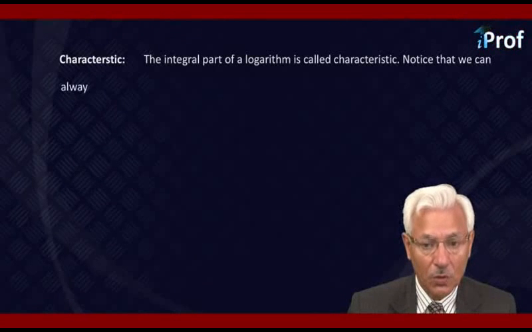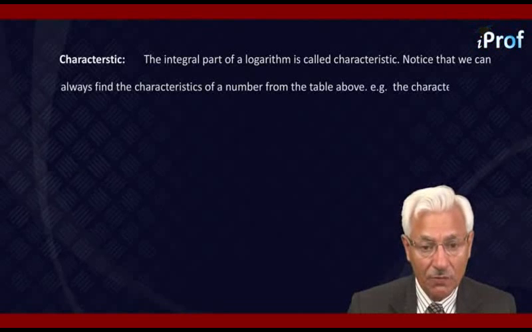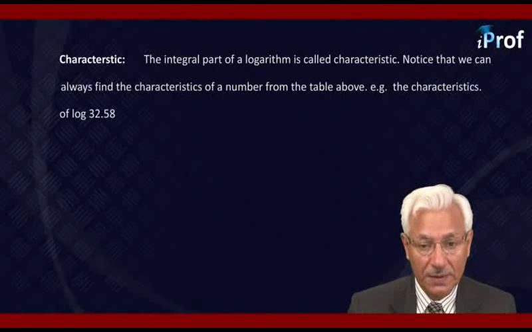Notice that we can always find the characteristic of a number from the above table. For example, the characteristics of log 32.58 is 1, as it lies between 10 and 100.